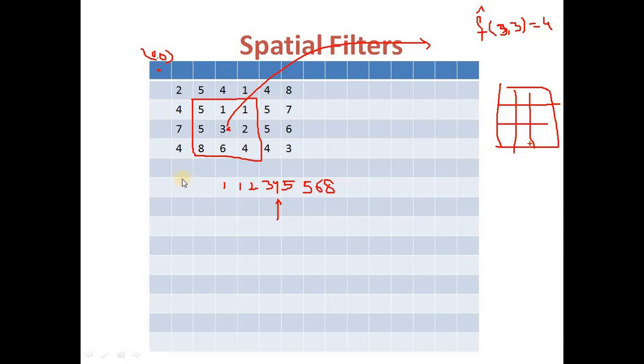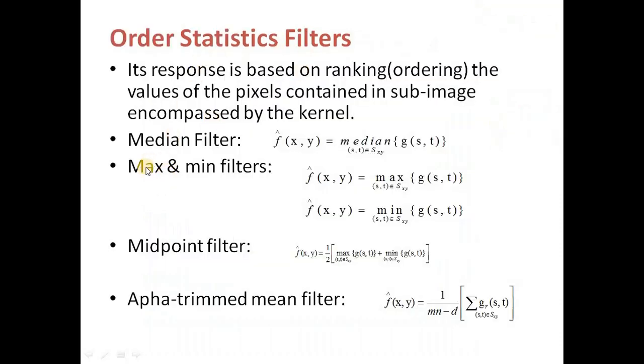filtering. Similarly, in the next order statistics filter, which is a max filter, the resulting intensity at location xy in the restored image, f cap of xy, will be given as the maximum intensity in the sub image encompassed by the kernel.